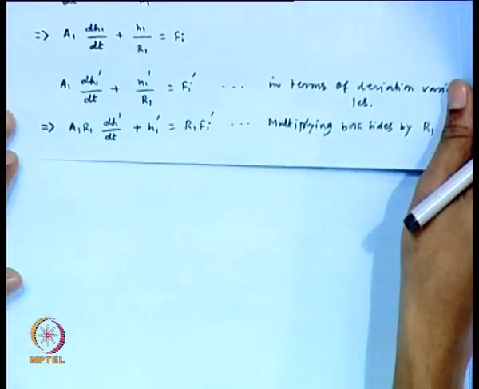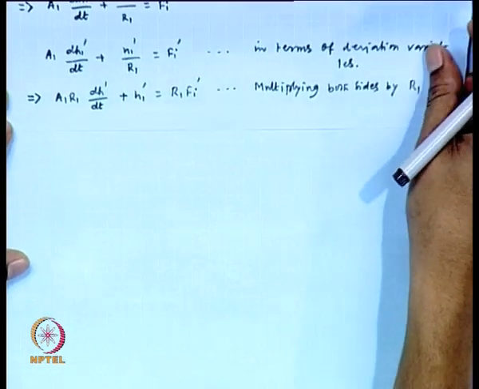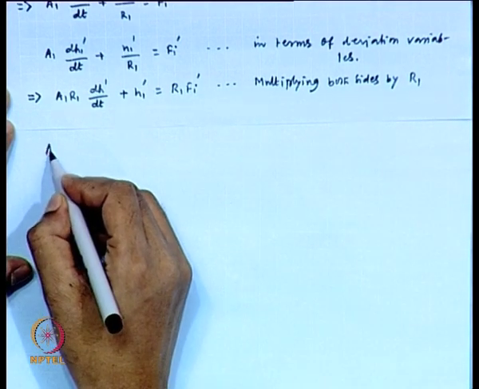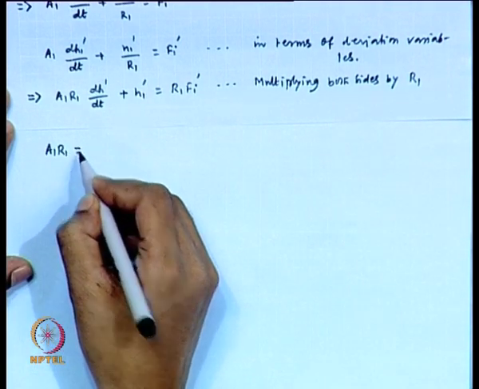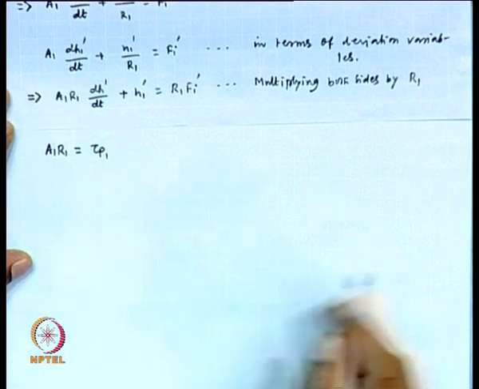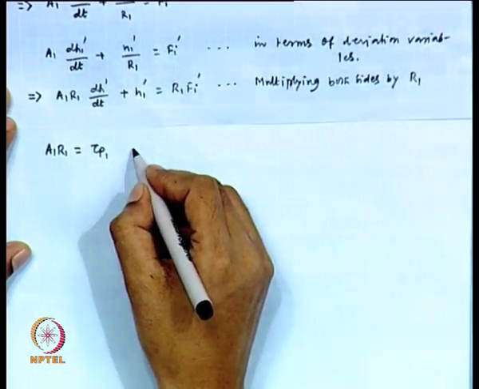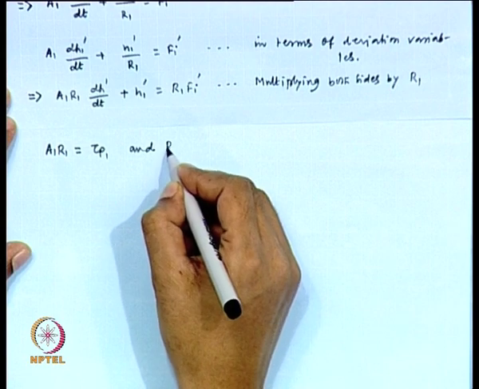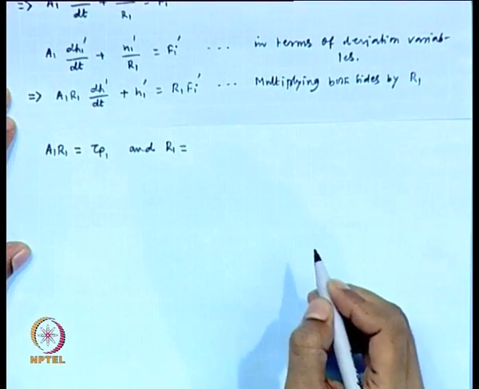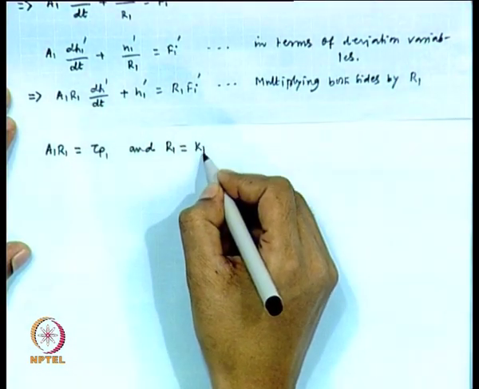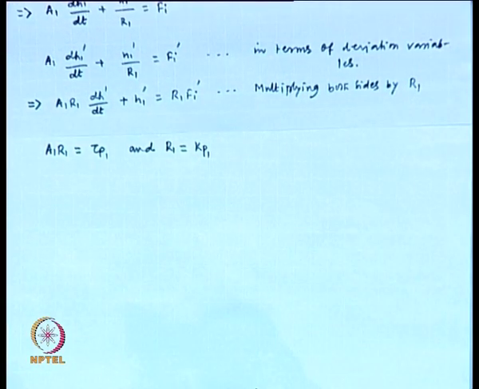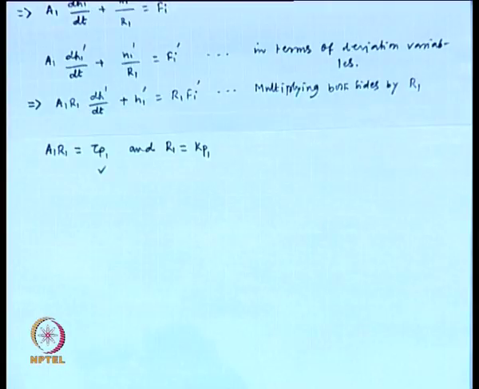Fine. Now, we will assume that a1 r1 equals tau p1 and r1 is equal to kp1. We assume a1 r1 equals tau p1, which is time constant for the first tank, and r1 equals kp1.